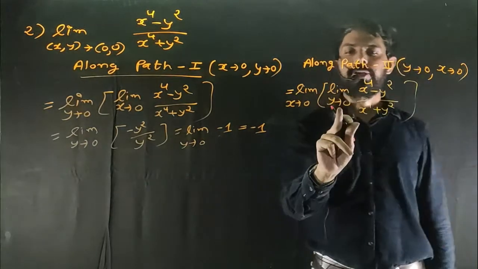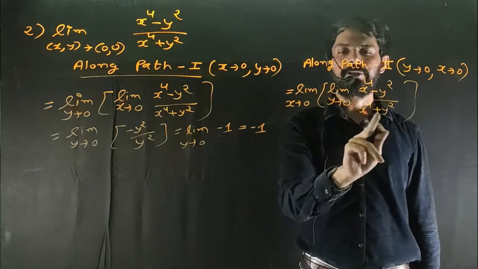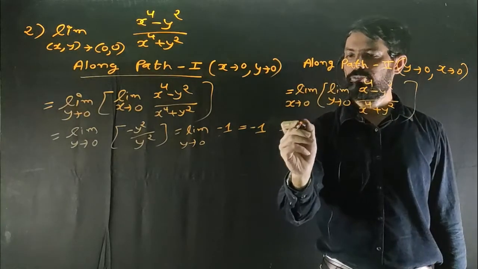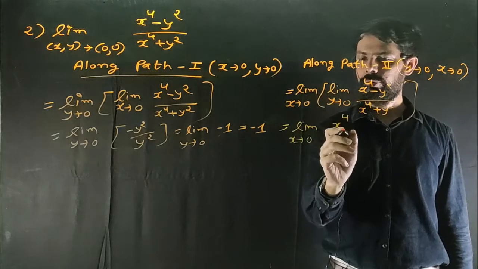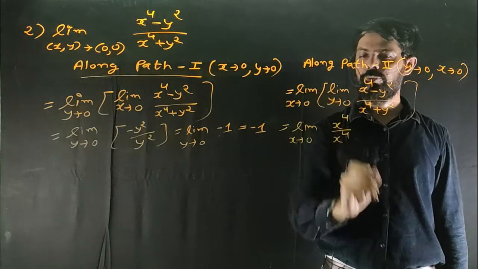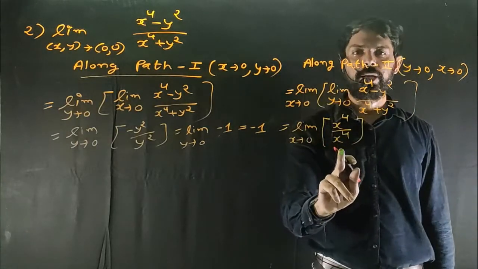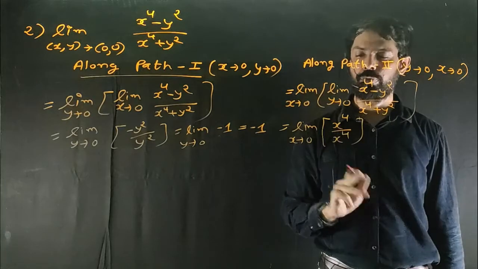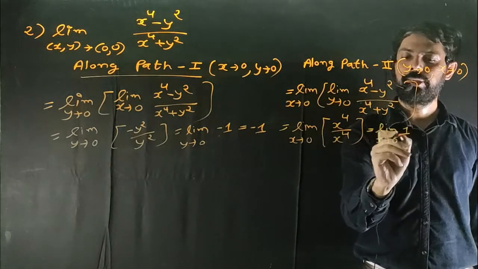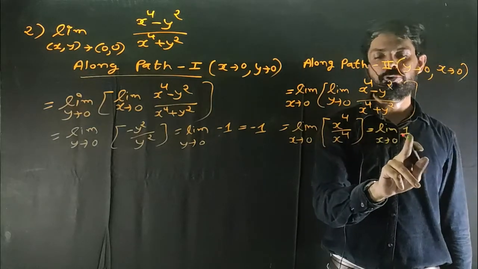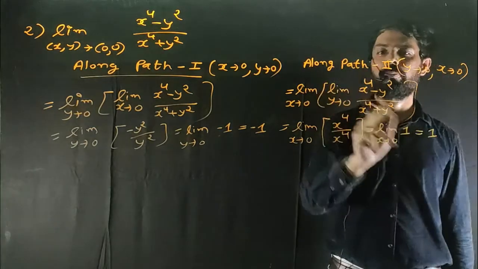Replacing y by 0, it will be x raised to 4 minus 0 divided by x raised to 4 plus 0. So this will be limit x tends to 0 of x raised to 4 divided by x raised to 4. First we simplify this bracket, so it will be 1. Here there is no x, so we cannot replace x by 0. So this is the answer of the limit along path 2.